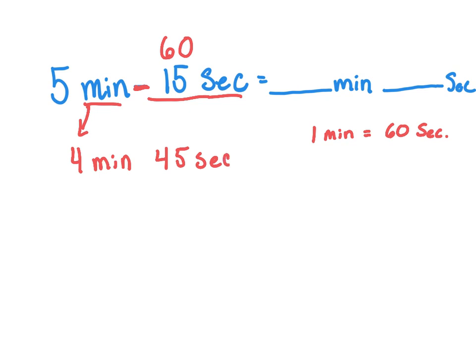Look how fast that one was, taking the measurement right out of there. So basically, guys, just to review, I took a minute away from 5 minutes and converted that 1 minute into 60 seconds and then just subtracted the 2 seconds with each other to get 45 seconds. So the mixed unit is 4 minutes and 45 seconds.